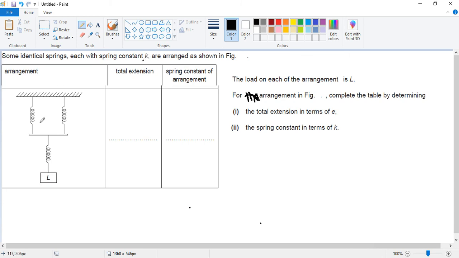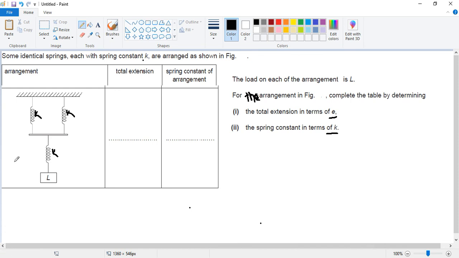So this has spring constant K, spring constant K, spring constant K. They want us to find the total extension and the spring constant of the arrangement. The load on each arrangement is L. Complete the table by determining the total extension in terms of E and the spring constant in terms of K.